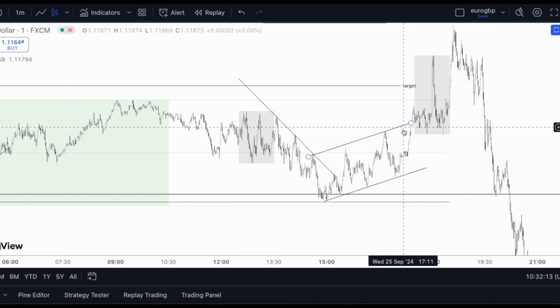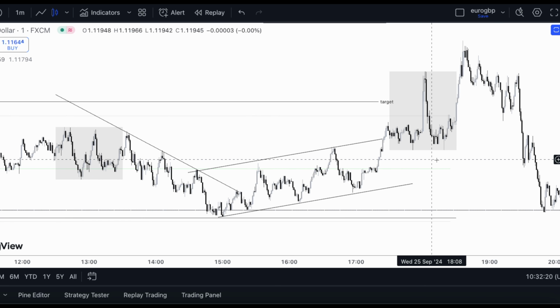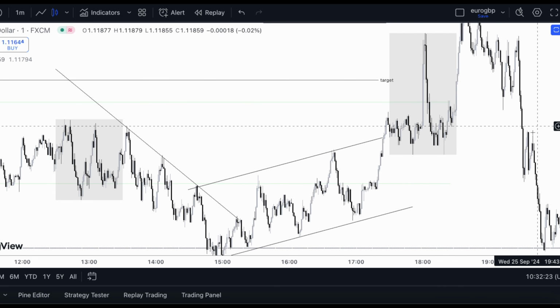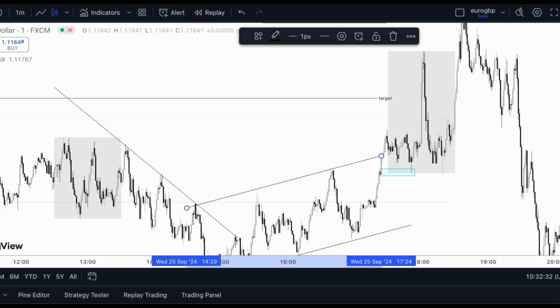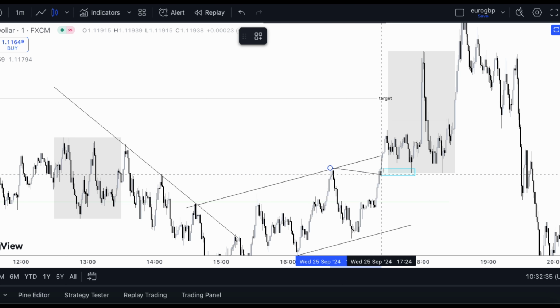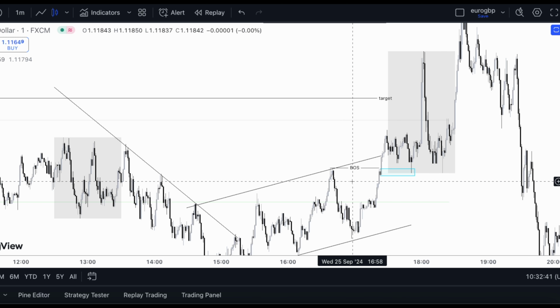So I was expecting the market to take out these highs first and then come down. Okay, so for the first trade, what you can see, this was the last POI that broke this structure point. So let's mark it as POS.